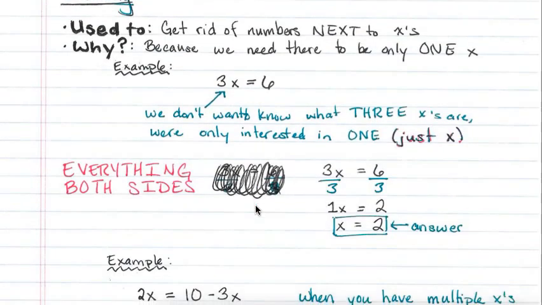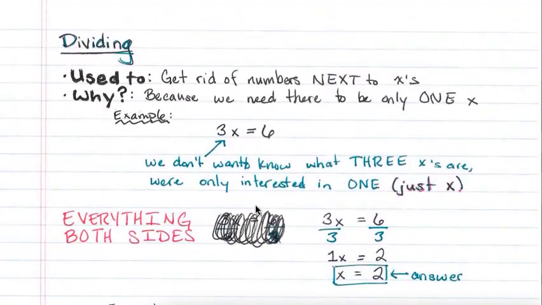Just like in the multiplying, we can divide by anything we want, as long as we do it to everything on both sides of the equation. So if there were a whole line of numbers in the equation, say we had 3 plus 5 plus x plus 2 equals stuff plus stuff plus stuff, we would have to divide every single one of those by the same thing. But we can do whatever we want. We can pick whatever number we want.